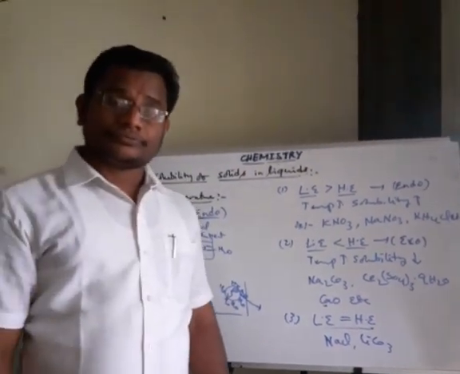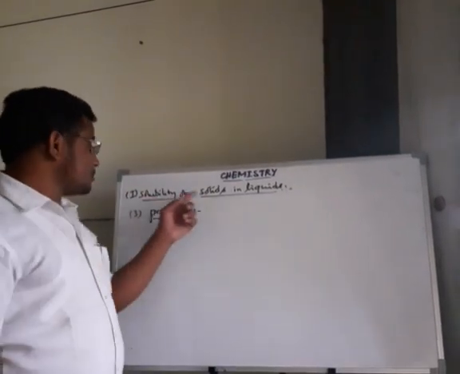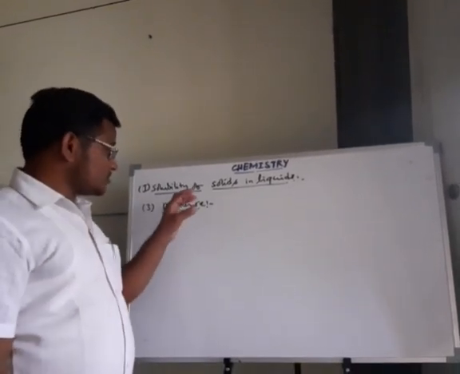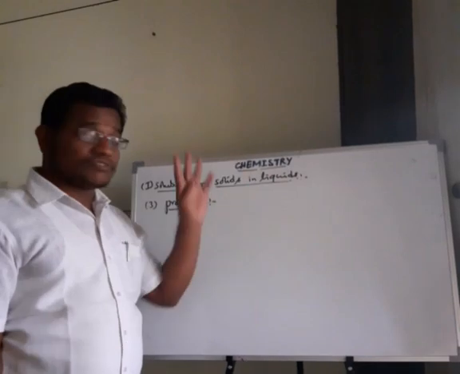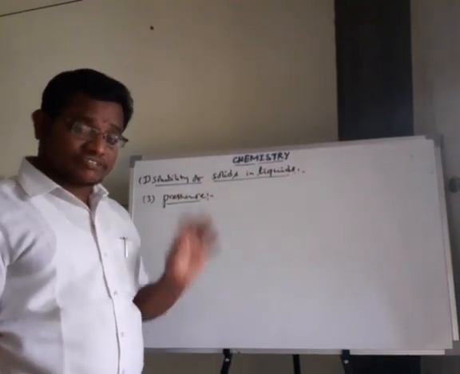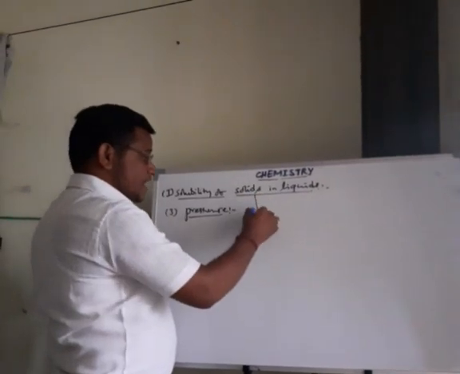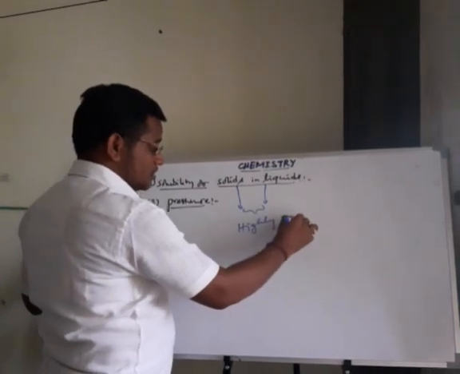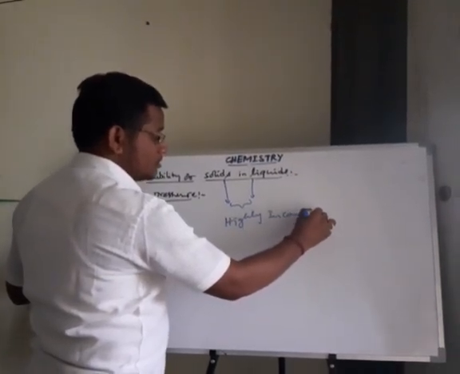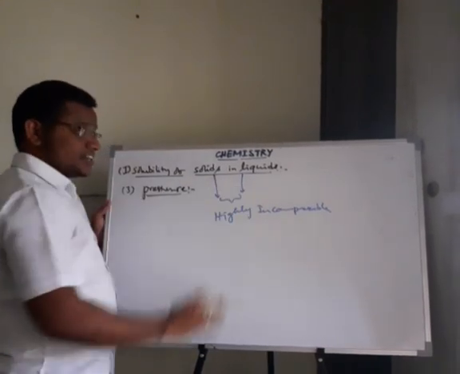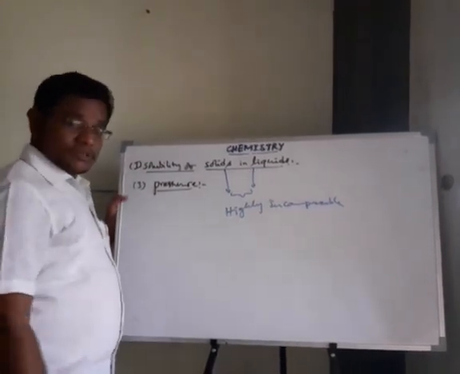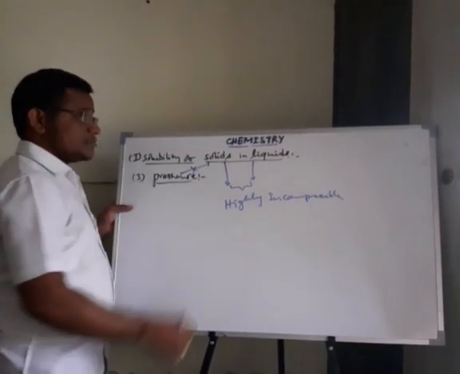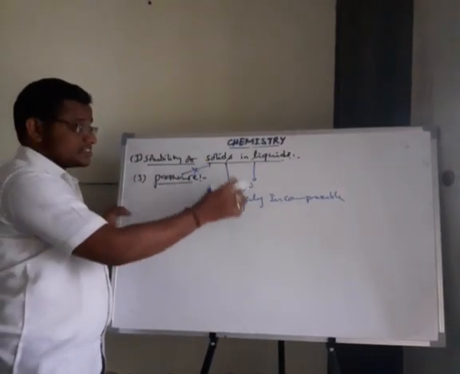Next, the effect of pressure on the solubility of solids in liquids. Generally, pressure does not affect the solubility of solids in liquids. Why? Because solids and liquids are highly incompressible.